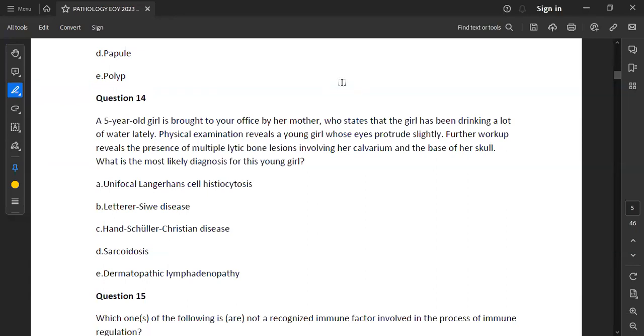It's usually characterized by hyperproliferation of Langerhans cells with eosinophils, lymphocytes, plasma cells, and neutrophils. So we have Langerhans cells that proliferate, and the unifocal form is most common. They most commonly affect the skeletal system.